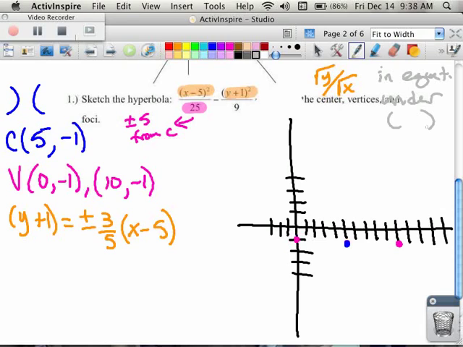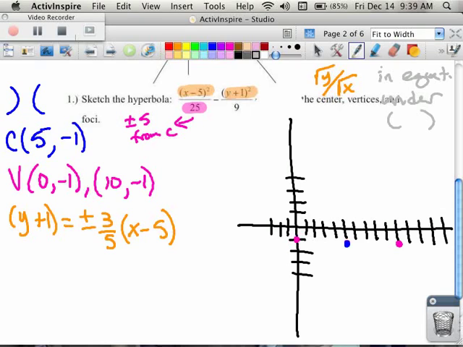The square root of 9? 3. And remember, slope is rise over run. So the rise is in the y direction, and the run is in the x direction. And that's why the rise, which has to do with the y thing, the square root of 9, which is 3, goes on the top, rise. And the square root of the x thing, 5, goes on the bottom because that's the run.